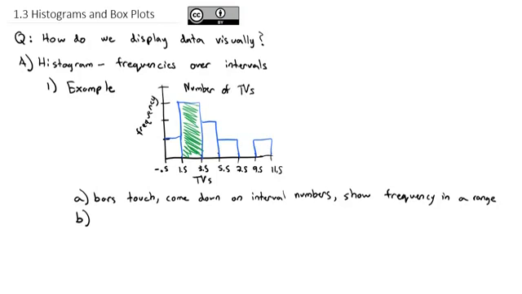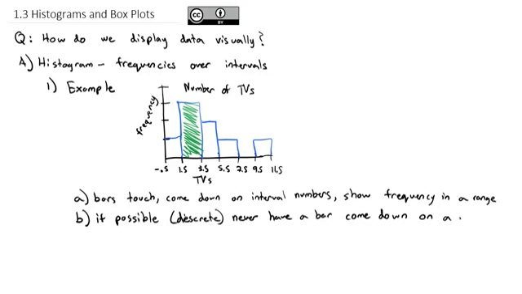And that's what brings up the second point here, point B, if possible, and it's usually easiest with discrete data, never have a bar come down on a value. In other words, if I'm talking about the number of TVs, I don't want this to come down on 4 TVs.